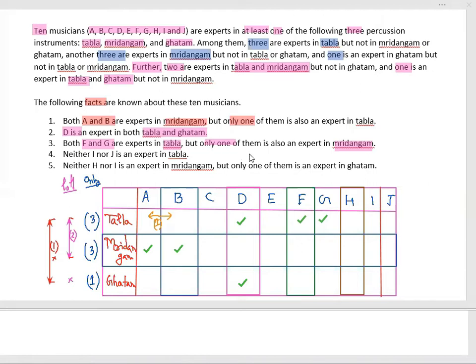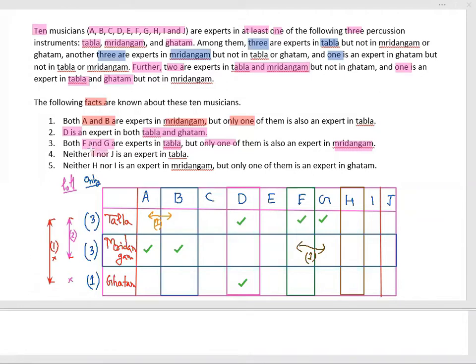But only one of them is also an expert in mridangam, so we need to take the mridangam part also. That means any one of them in this zone also, one. I don't know who it will be. Okay. Next information.